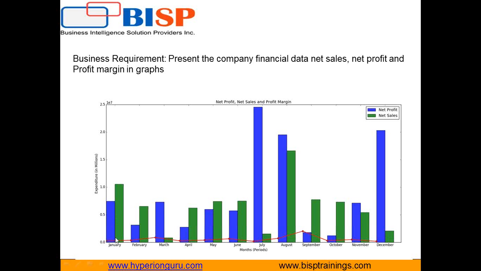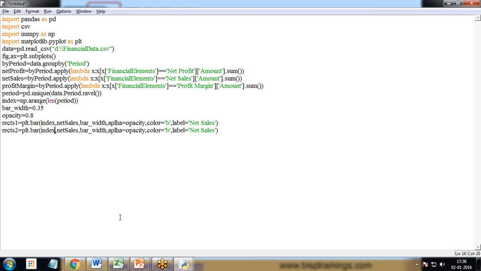How do we know the starting point of the second bar? Whatever the end point of the first bar is will be the starting point of the next bar.